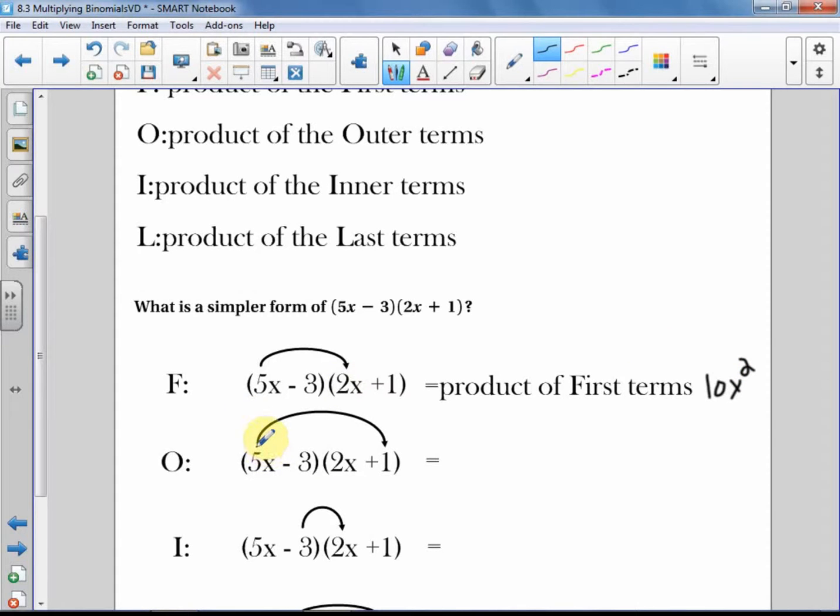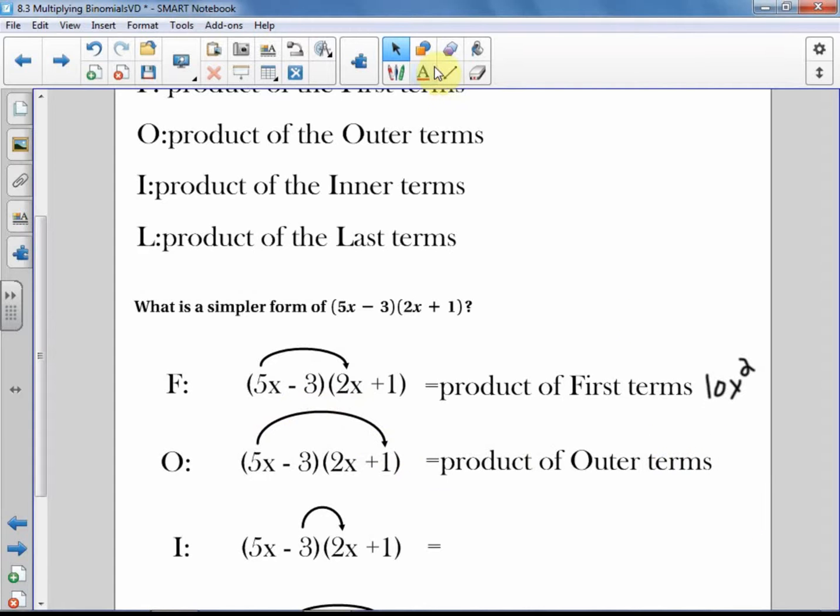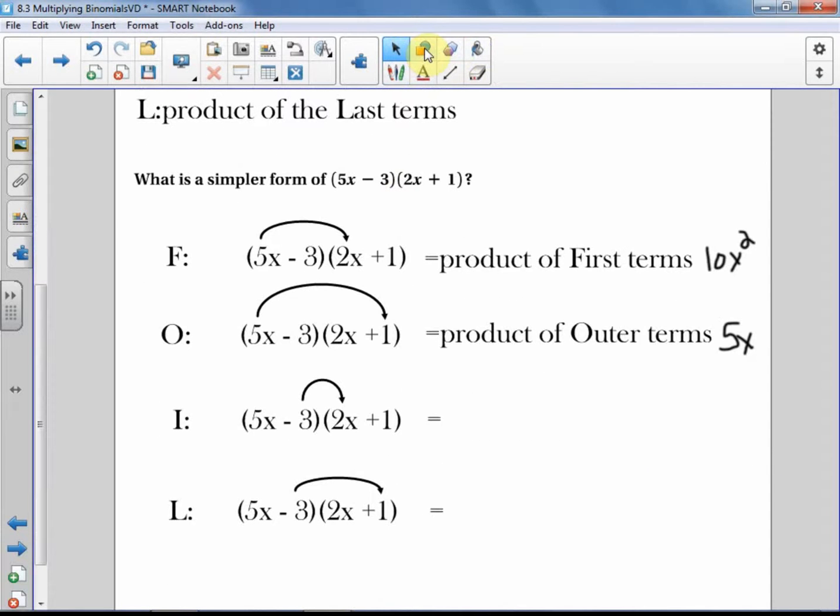Next, we're going to multiply our outermost terms of each binomial. So the outside. So we will write product of outer terms. So 5x times 1, that is just 5x. Next, I'm going to multiply my innermost terms, which are negative 3 and 2x.